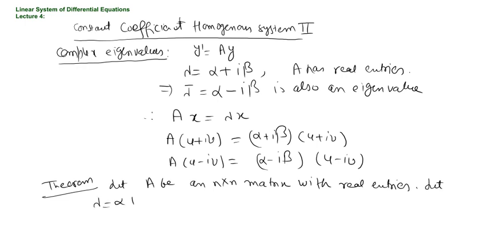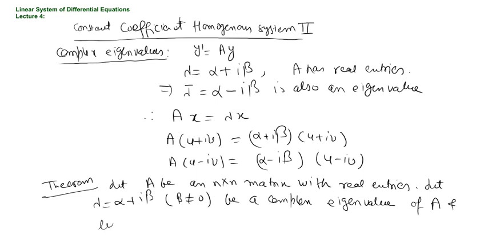Let lambda equal to alpha plus iota beta, beta non-zero, be a complex eigenvalue of A, and let x equal to u plus iota v be the corresponding eigenvector, where u and v have real components.